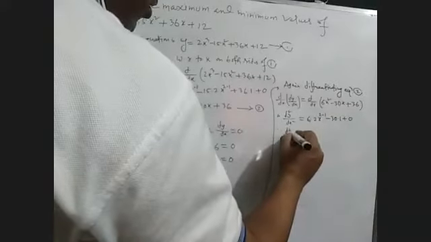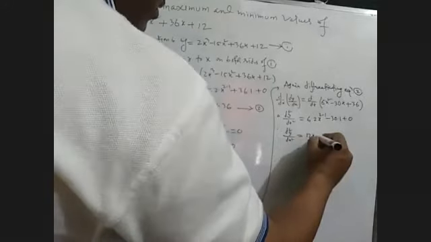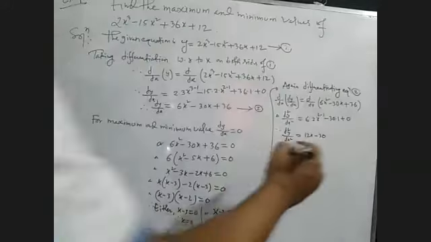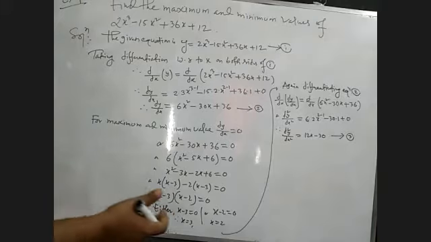Therefore, d square y/dx square equals 12x minus 30. This is equation number 3. Now we will test with these critical points. This is also called a critical point.